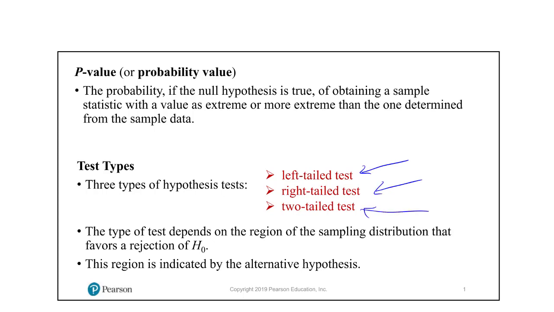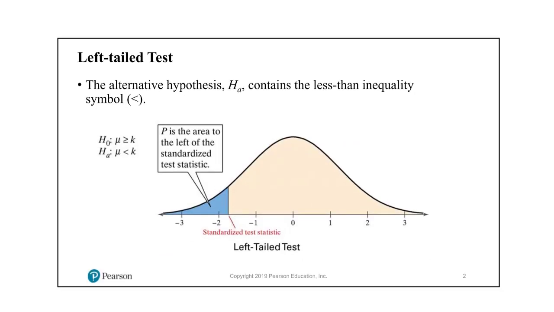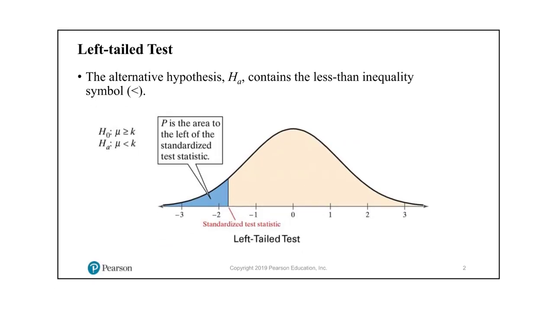This is determined by the region of the sampling distribution that favors a rejection of H0, and this is the region corresponding to HA, the alternative hypothesis. So let's take a look at each one of these. The key here is that to determine which test you're doing, look at the alternative hypothesis HA.